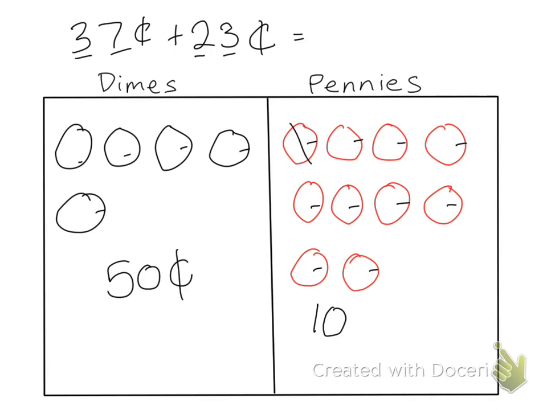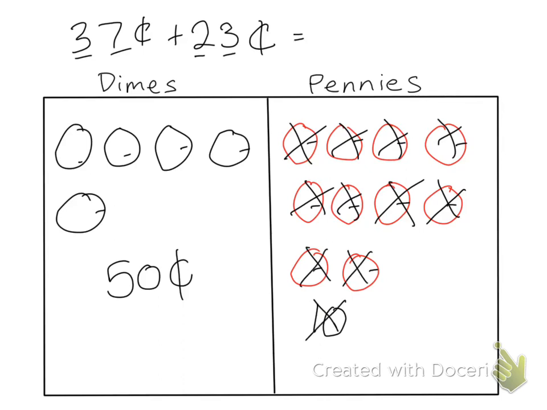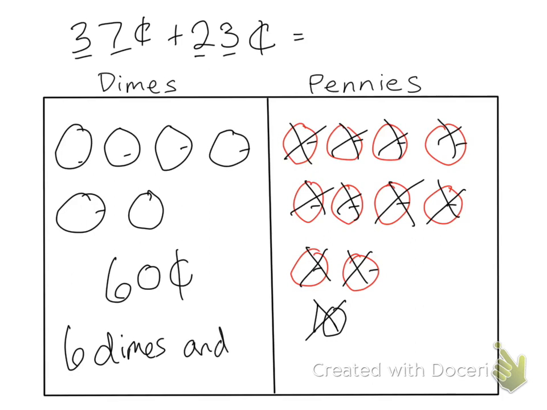So I'm going to cross off the 10 pennies, and I'm going to trade that for 1 more dime. So 50 cents plus 1 more dime is going to be 60 cents. Or I have 6 dimes and 0 pennies, which equals 60 cents.